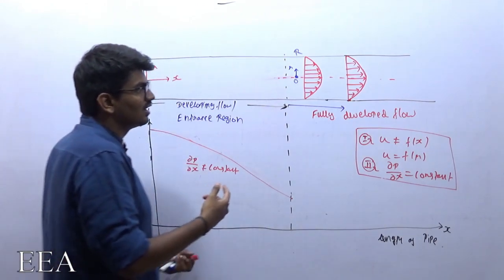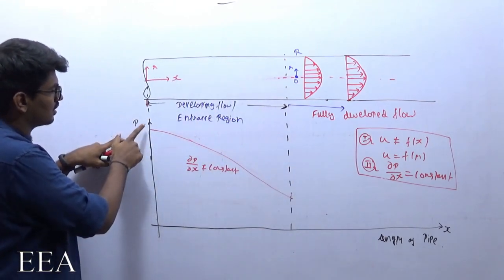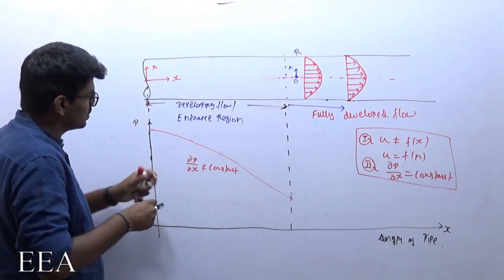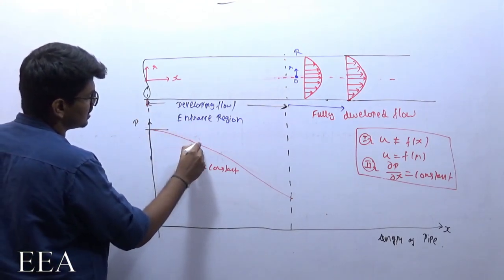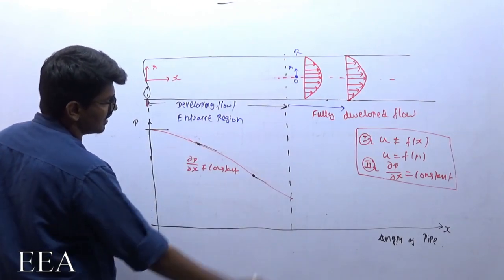And I know that the pressure is going to decrease, so pressure has to decrease. See, here also you could see that pressure is decreasing, but the slopes are not constant. I have a slope like this. If I take a point here, I will get a tangent like this. If I take a point here, I will get a tangent like this.